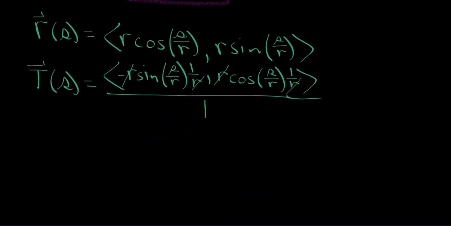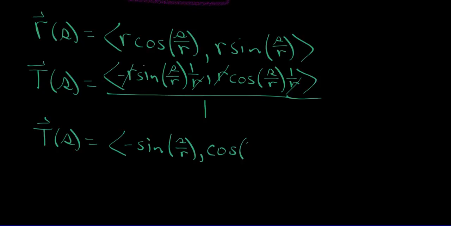Okay, so here's what we've got. We've got negative sine S over R, cosine S over R. Okay, so there's the unit tangent vector.